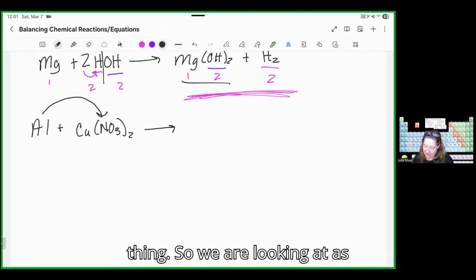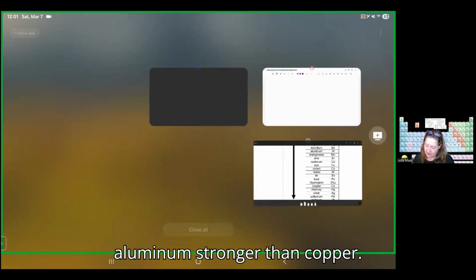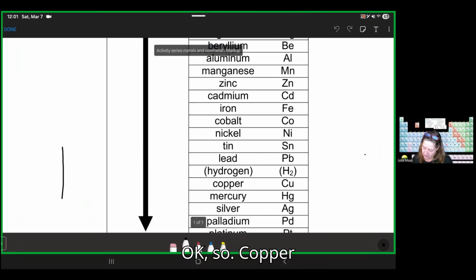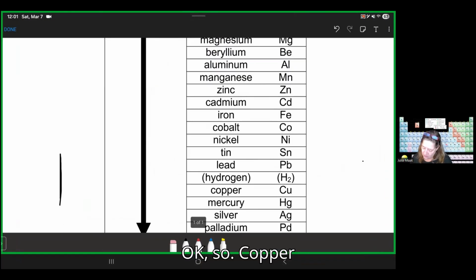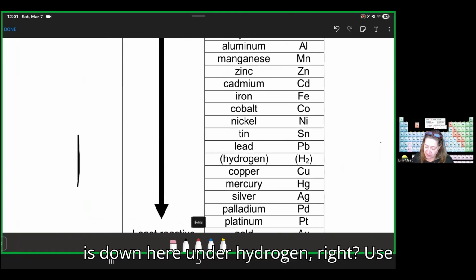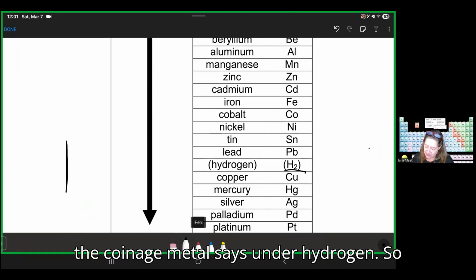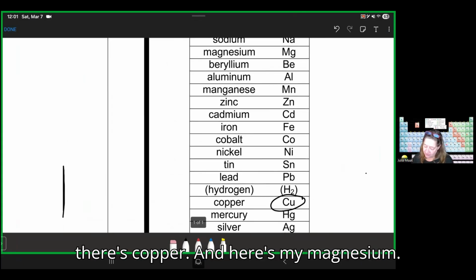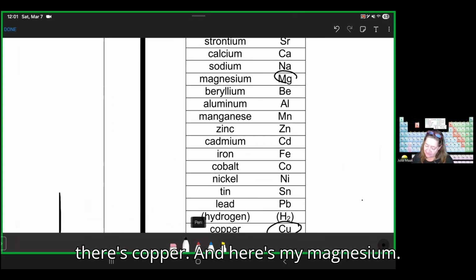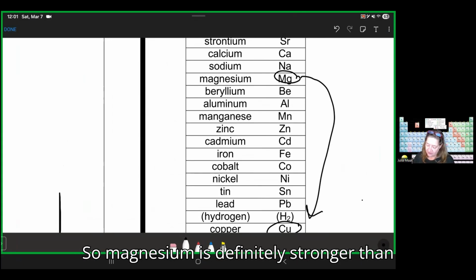So we are looking at, is aluminum stronger than copper? Copper is down here under hydrogen, right? He's a coinage metal. So there's copper, and here's my magnesium. So magnesium is definitely stronger than copper.